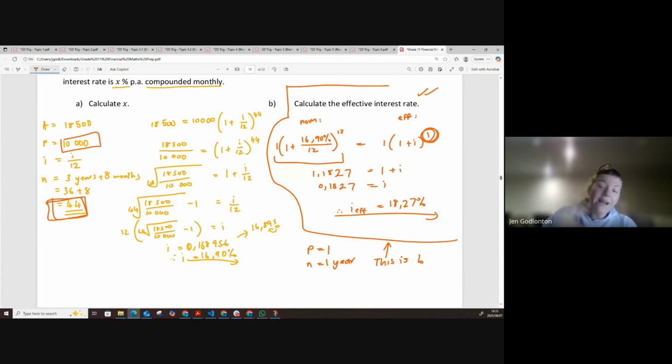So my advice, anytime you do conversion between effective and nominal, is you're investing R1 for 1 year. And it's much, much easier then to work through. Because if we have to convert 44 months into years, that's going to be messy. Because we can't just say 3,8. That wouldn't be right.